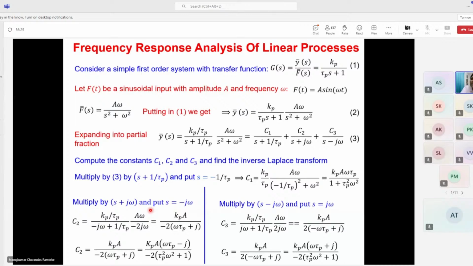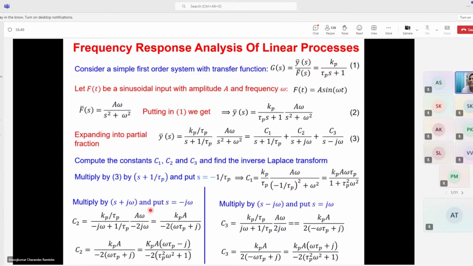So whenever a process is associated with a dead time, then the stability of the control system you can find out without approximating the dead time only by frequency response. And in every system you look at, there will always be a dead time associated with it.